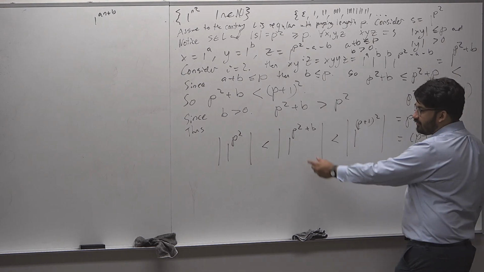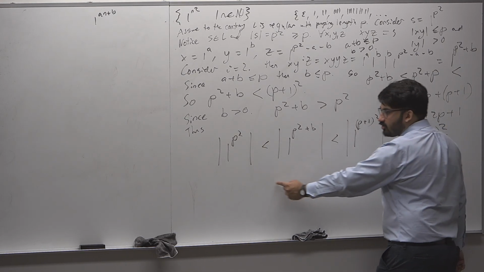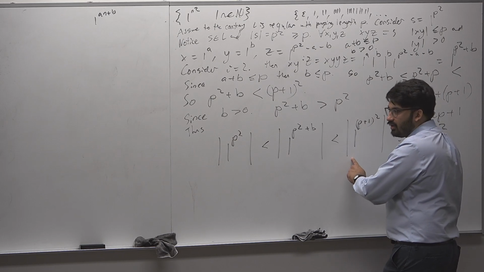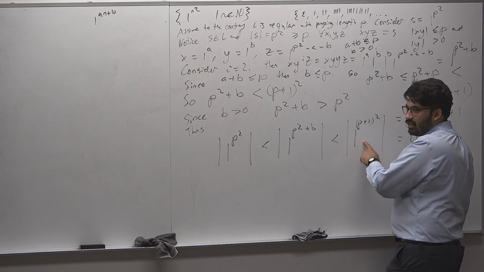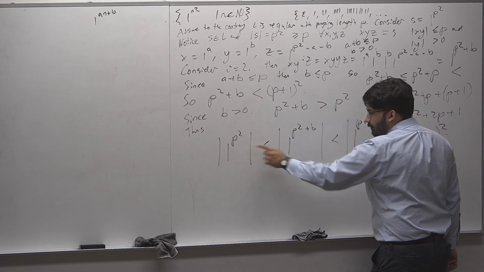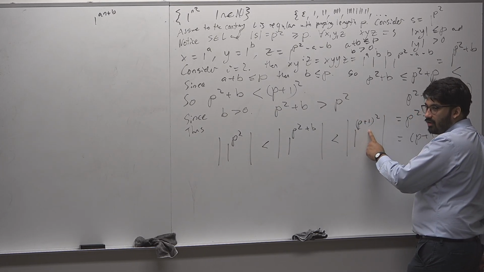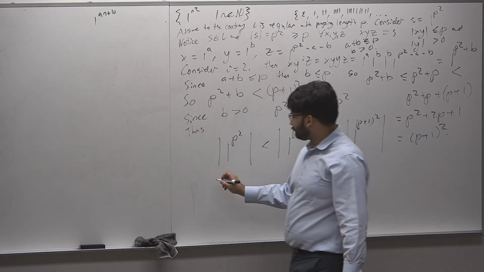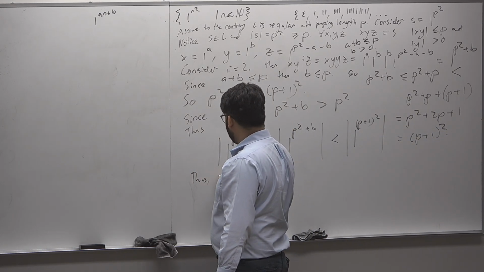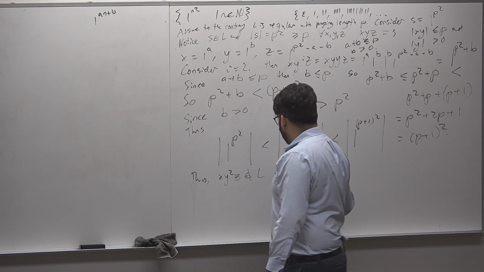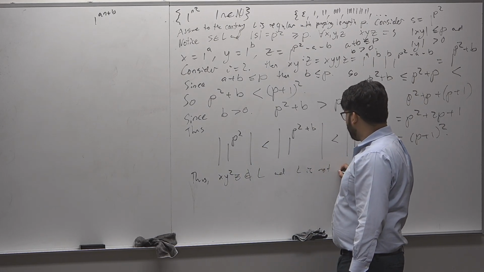Since the length of our pumped string falls between two consecutive perfect squares, it can't be a perfect square. We pumped away from the first one, but we will never reach the next perfect square. It's too far away. Thus, x y squared z is not in L, and L is not regular.